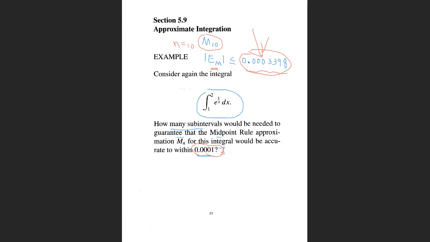So let's go ahead to the solution and work this out. We require that our error bound, and we already know K is 3e, b is 2, a is 1.